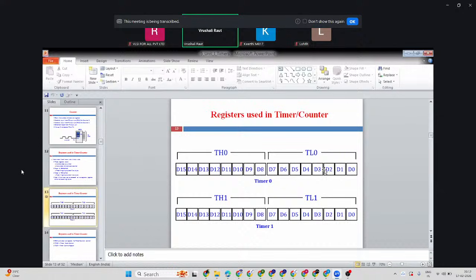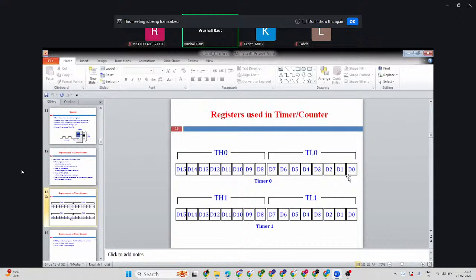So it can run from 0000 in hex to a maximum of FFFF. Do you agree? This timer register can start from 0000 and increment up to FFFF.